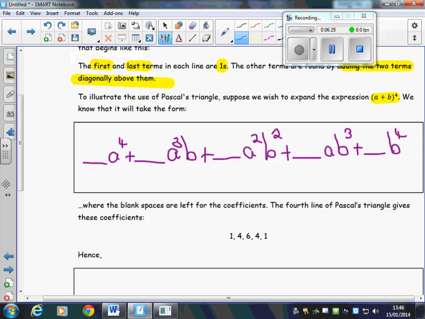Well, we're going to have a look at the fourth row in Pascal's triangle. And as you can see here, these are the coefficients that you get.